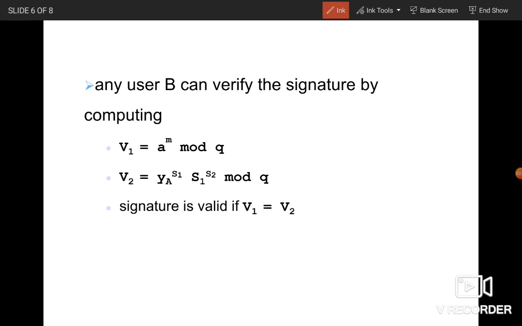At the receiver end, we can verify the signature by computing the two components V1 and V2. The formula for V1 is A power M modulus Q and V2 is YA power S1 times S1 power S2 modulus Q. If V1 is equal to V2, then we can say that the signature is valid.